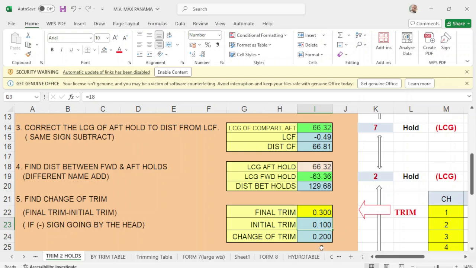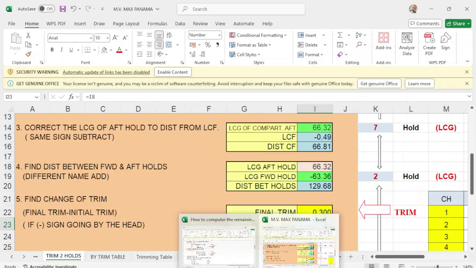Subtract this one, that will be 20 centimeters, which is positive. So when it is positive, it is trimmed by the stern. And if this one is negative, then it will be trimmed by the head. Since it is positive, this is trimmed by the stern. I hope you get this one.